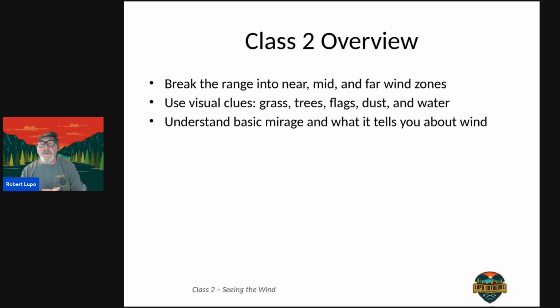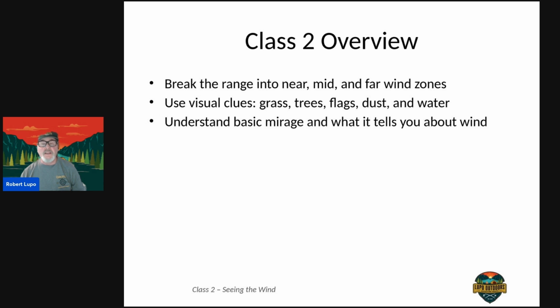Welcome to Class 2 of Basic Wind for 1 Mile. In Class 1, we learned how to talk about wind: speed, direction, value, and the clock system. In this class, we're going to start seeing the wind. First, we'll break the range into near, mid, and far zones so you're not overwhelmed by the whole picture.